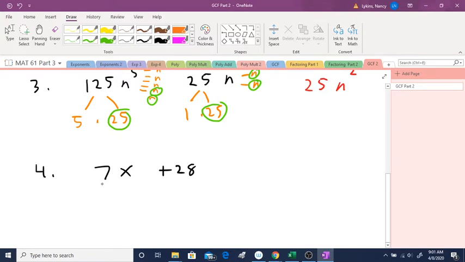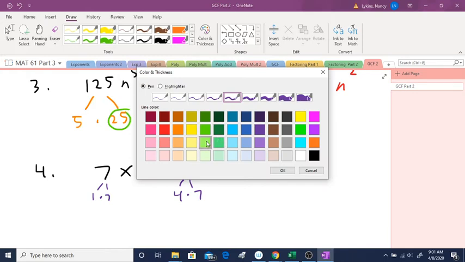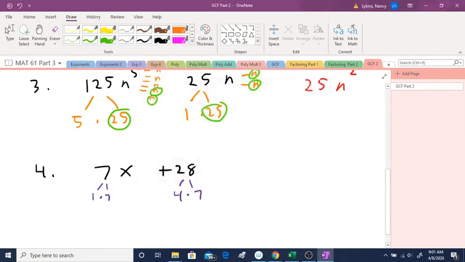Well, 7 can be broken down to 1 times 7. 28, I'm looking at the 7. I know that it's 4 times 7. So that means my greatest common factor would be the 7. So if I'm asking what the greatest common factor is, it would be 7.